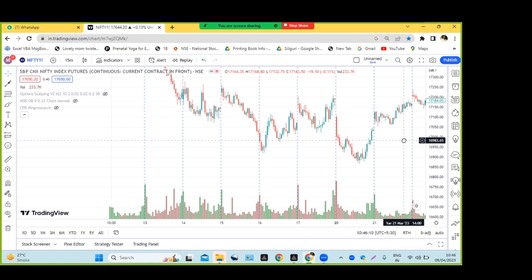Number two, if we see carefully, this is the kind of level where the market took support. Here it broke. So remember, whenever the market comes to this level, it will react. What do you mean by react?